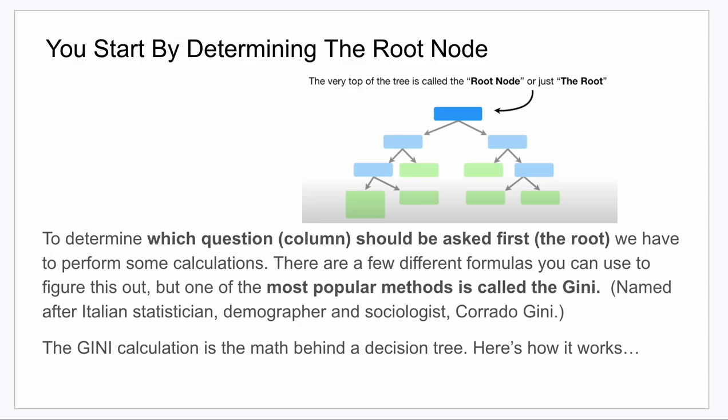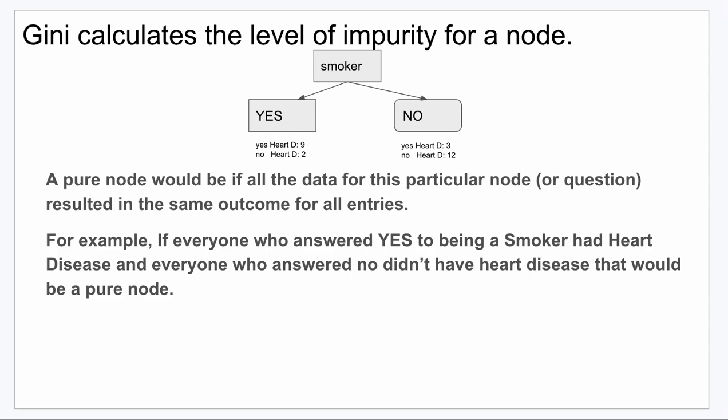What that basically does is it looks at each column one by one. For instance, if we look at smoker, it looks at how many people who said yes to smoking also end up having heart disease. The Gini calculation would be the purest, the highest, if 100% of those people ended up having heart disease, and those who said no, 100% were no to heart disease.